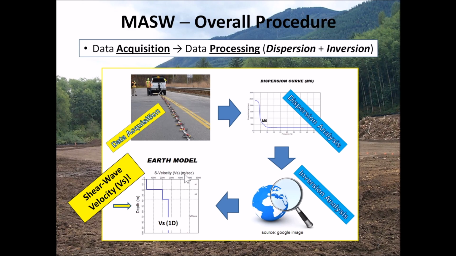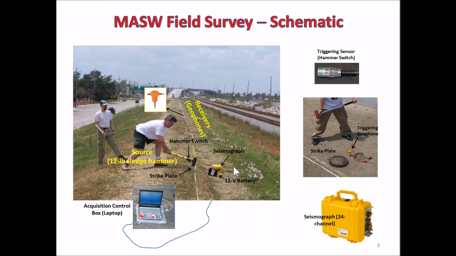And this kind of profile is often called a 1D profile because it shows velocity variation along only one direction, which is depth in this case. So generation of this kind of 1D shear wave velocity profile is the ultimate product from MASW survey at one location. And this one shows a schematic of typical MASW field survey.